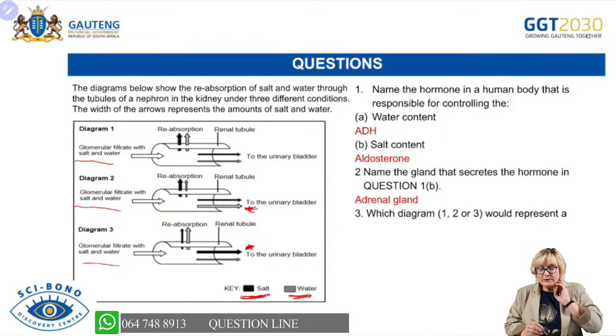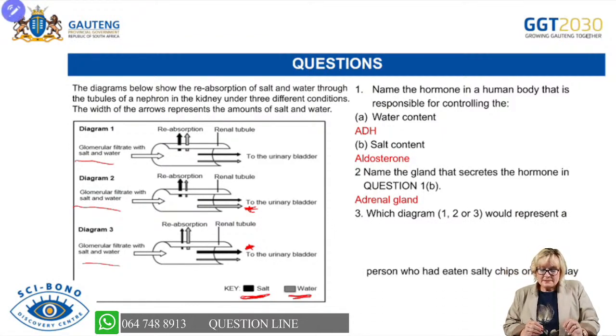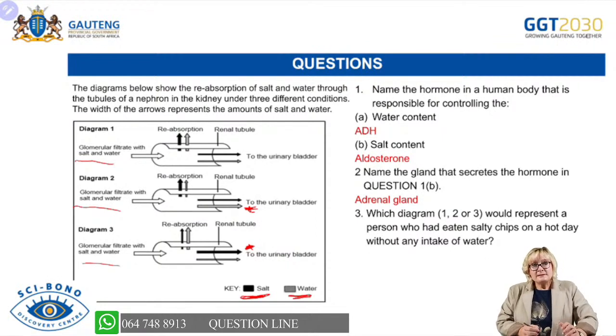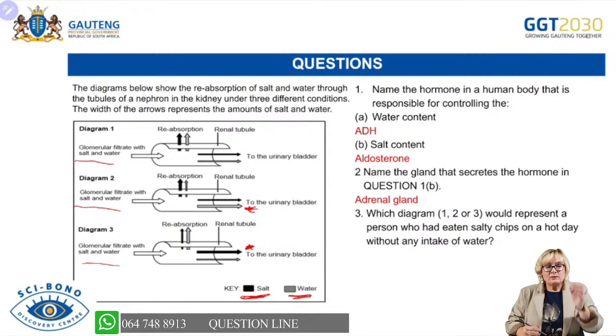And then question 3 is asking us, which diagram 1, 2, or 3 would represent a person who had eaten salty chips on a hot day without any intake of water? On a hot day, no water, but you've eaten those chips. So what do you have in your body? Too much salt. So what do you want the body to do? To get rid of that salt.